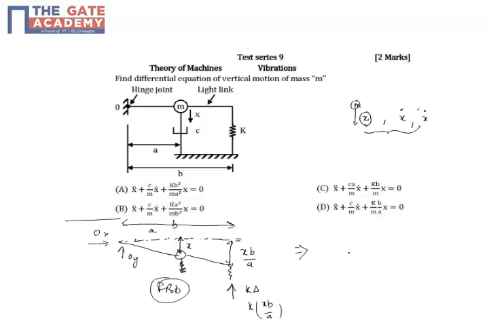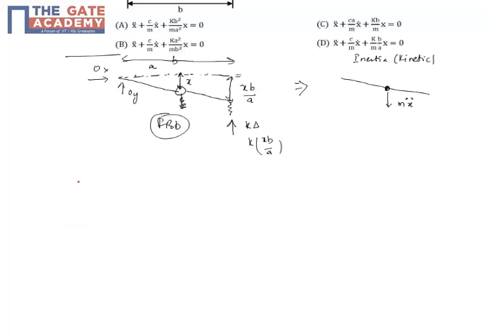Now there is a mass into acceleration, this is m into x double dot. So now we draw the inertia diagram or the kinetic diagram, which represents all the inertias. The effect of all these forces on the free body diagram will be the result m x double dot, which we get here. So now we just balance it.